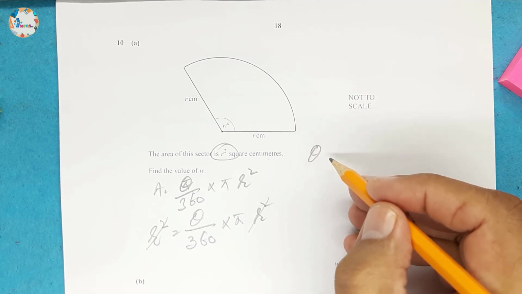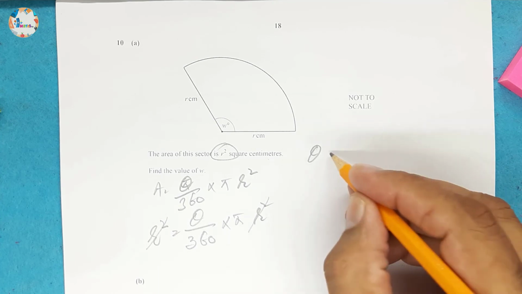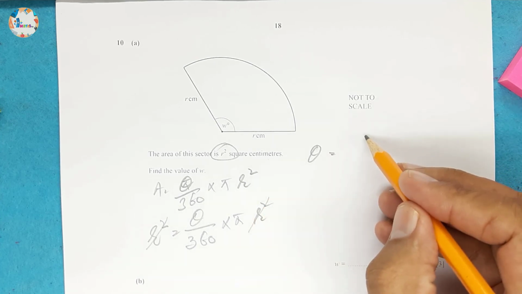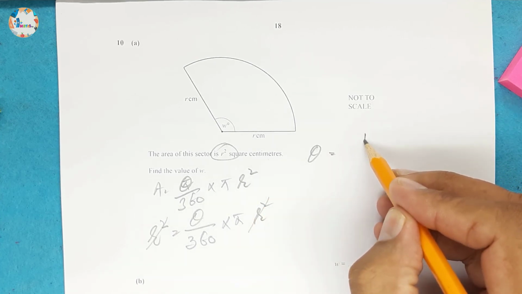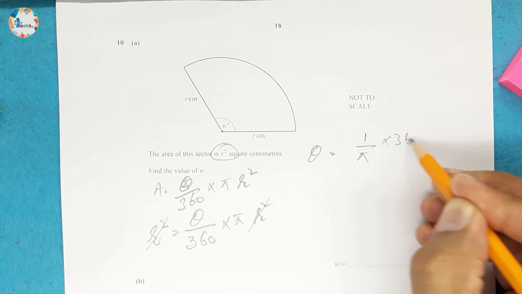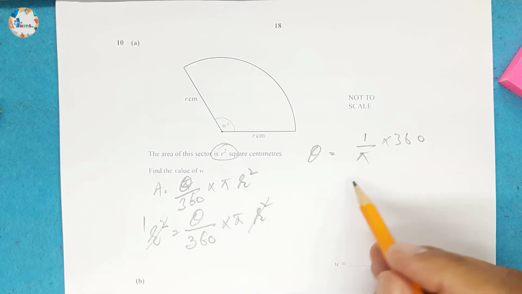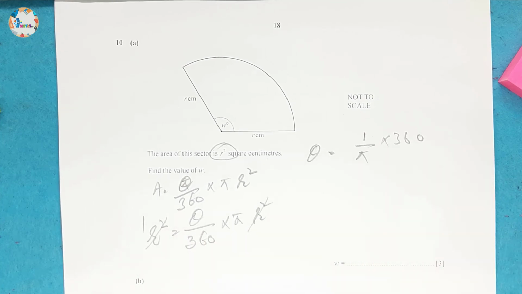So theta will be equal to 1 over pi into 360, so this will be 360 over pi.